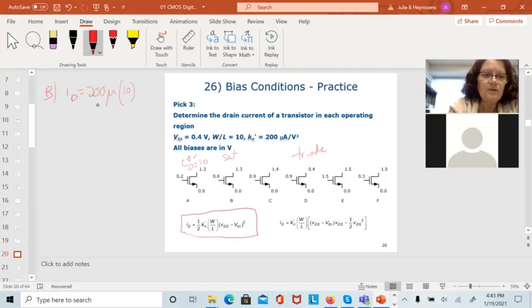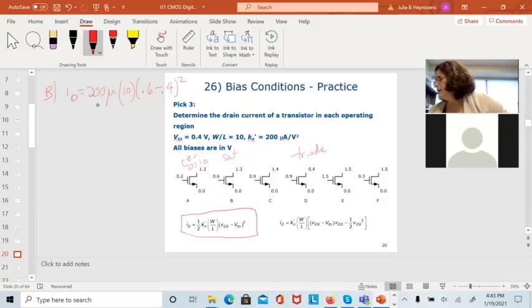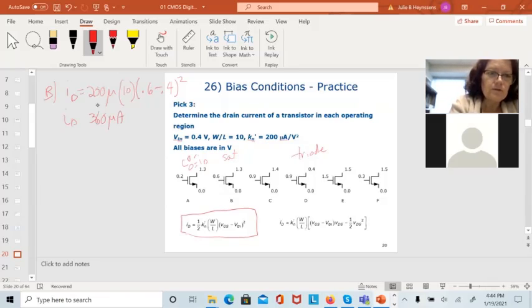My VGS is 0.6, VT is 0.4, and then I square it. So 0.2 squared. This is number 26. The current comes out to be, for part B, 360 microamps. This is just plugging the numbers into the equation.